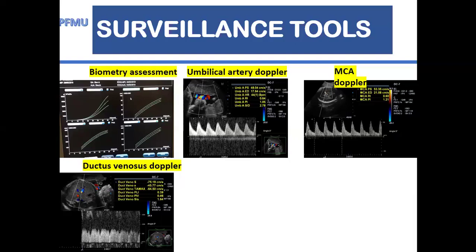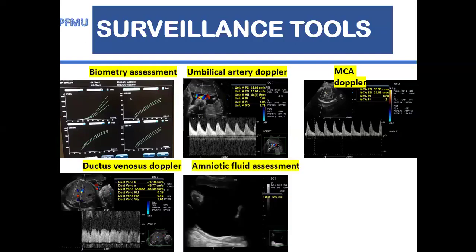If it starts dipping deeper, then it's worsening, and it's usually an indicator of what's happening at the level of the heart. It can end up being absent, or it can end up even being reversed. And when it's reversed, then the baby is in imminent danger of demising.